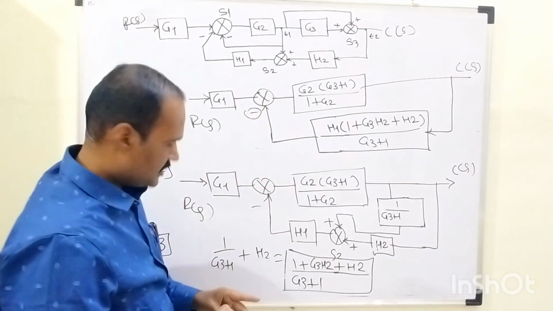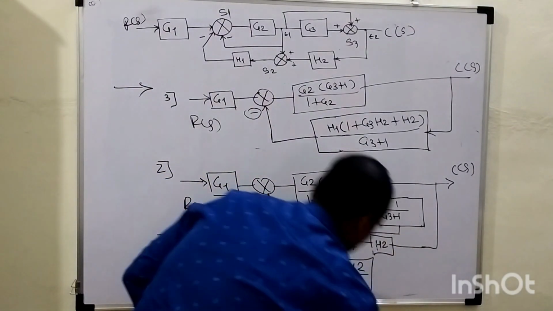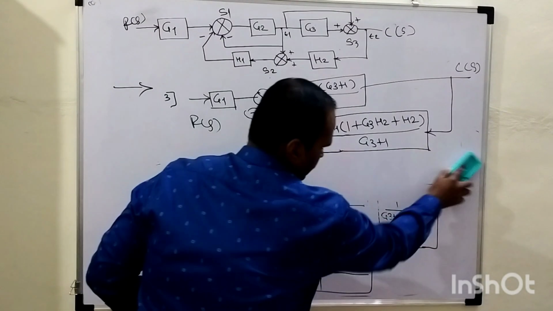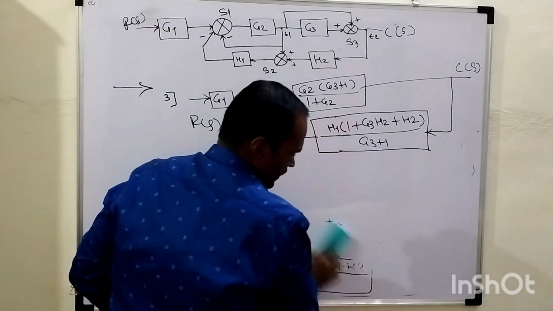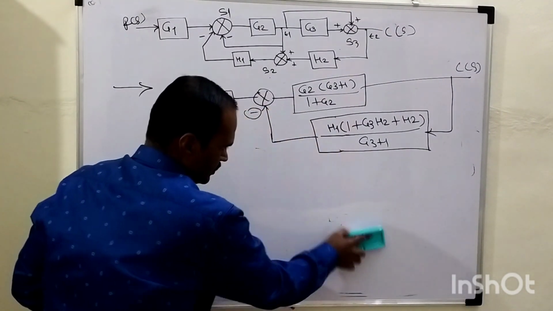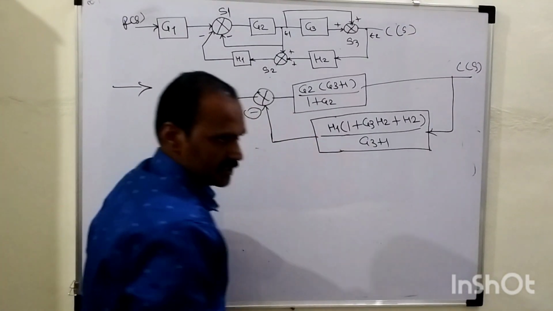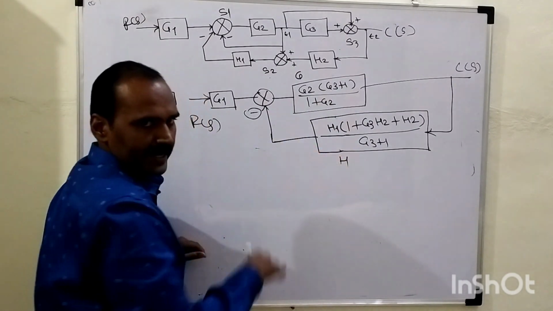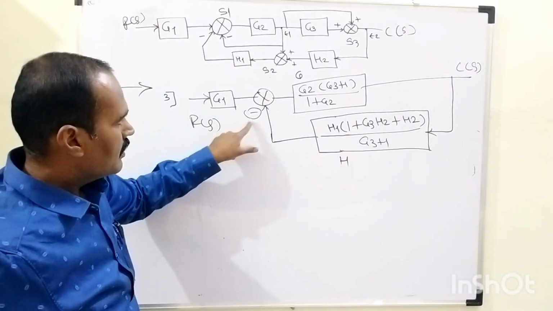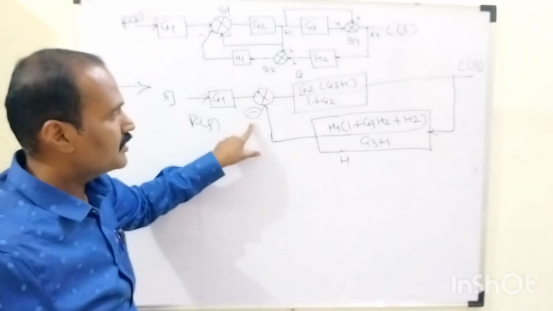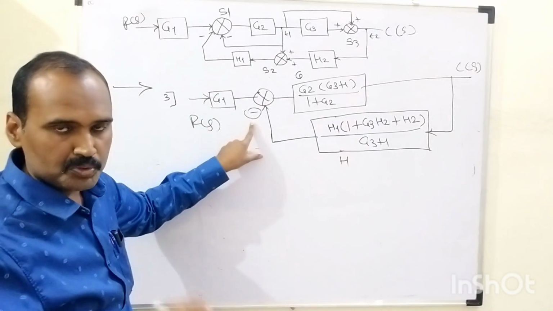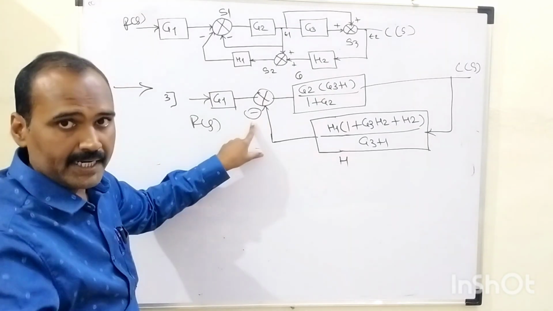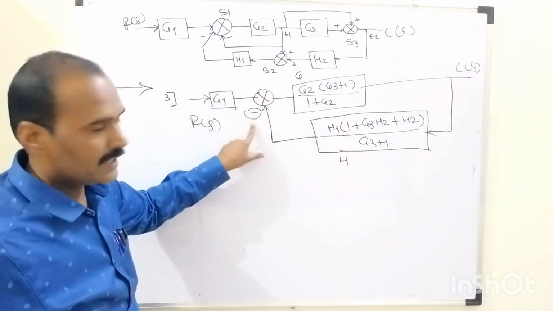So in this step number 3, or in order to perform the next step, I will remove the previous step here. So clearly, as you can see now, which reduction rule do we need to use? This entire portion can be treated as a G, this lower portion can be treated as an H, with the help of what kind of feedback we are having? Negative feedback, right? So we are supposed to use reduction rule number 3, which says how to eliminate either the positive feedback or negative feedback.